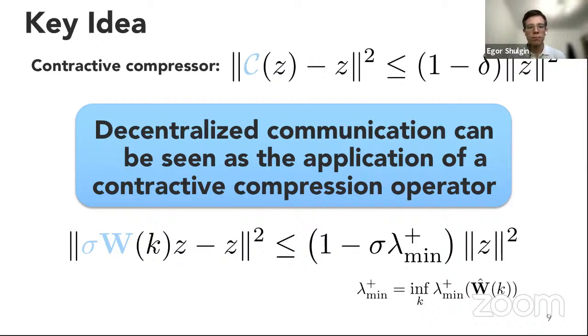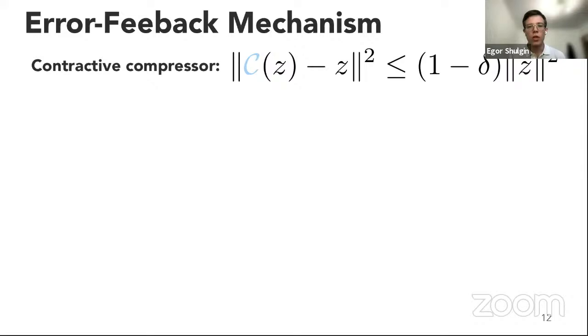And please note that the highlighted operator is linear, but it may be biased. And in distributed settings, it can be a serious issue because methods can diverge if we use biased compressors. That's why we need to utilize the error feedback mechanism.